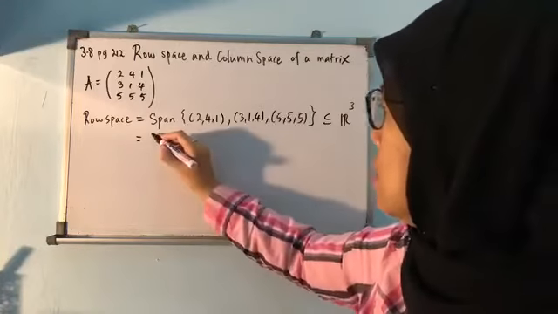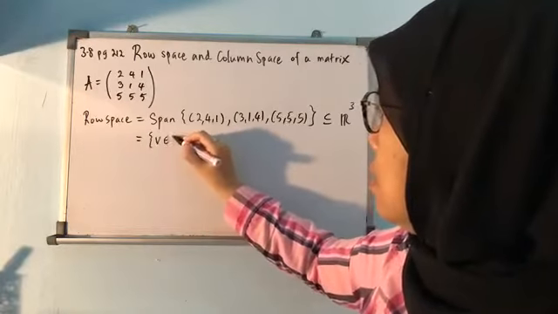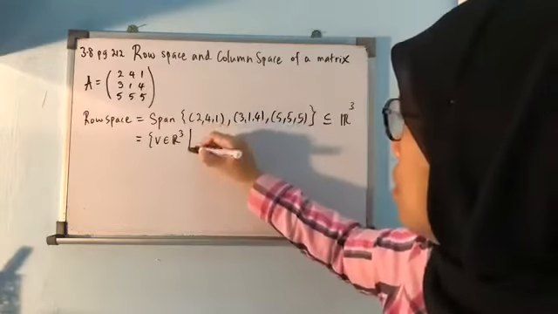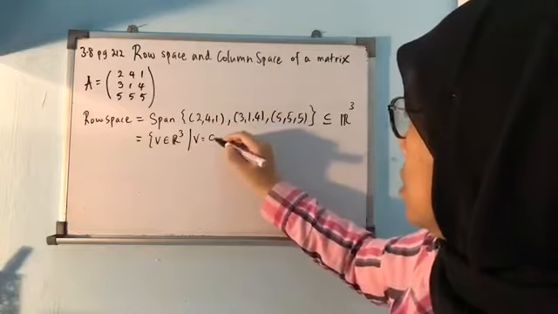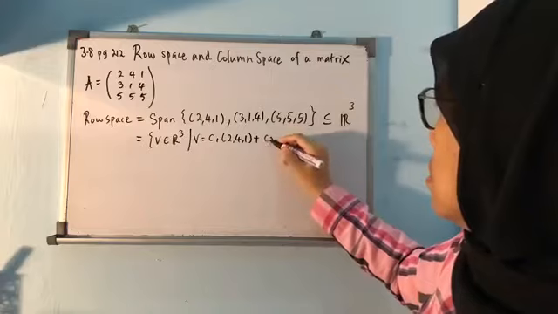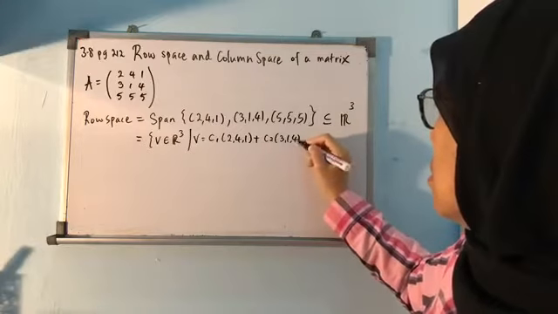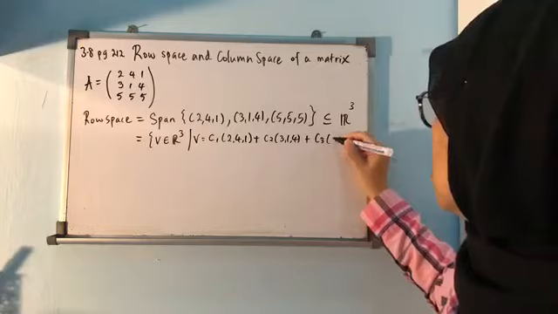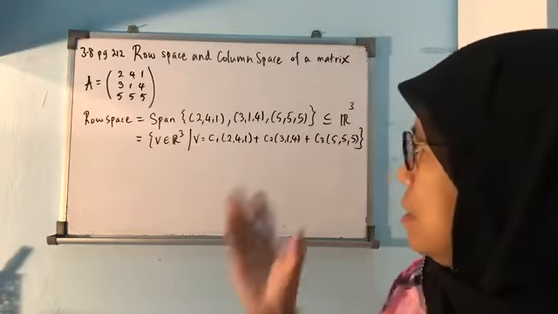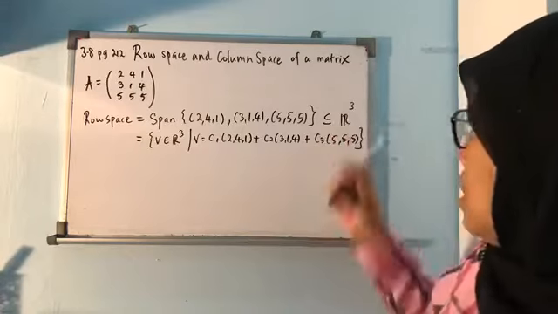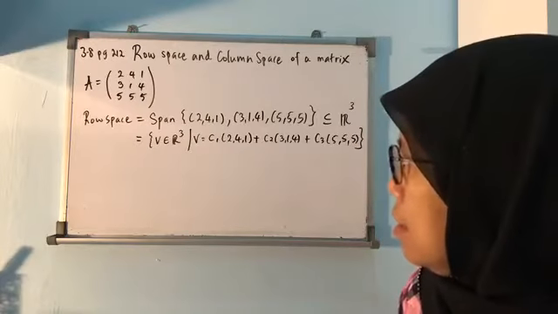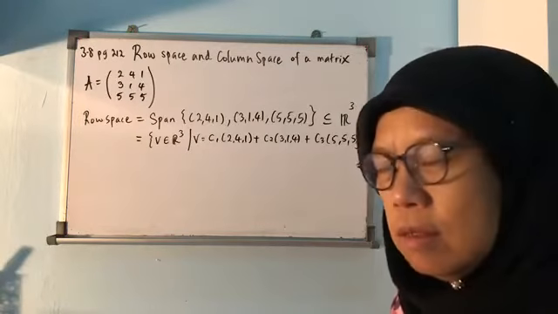So this is V in R3. V is the linear combination. What is this? This is actually a subset of R3. Is it the whole of R3?